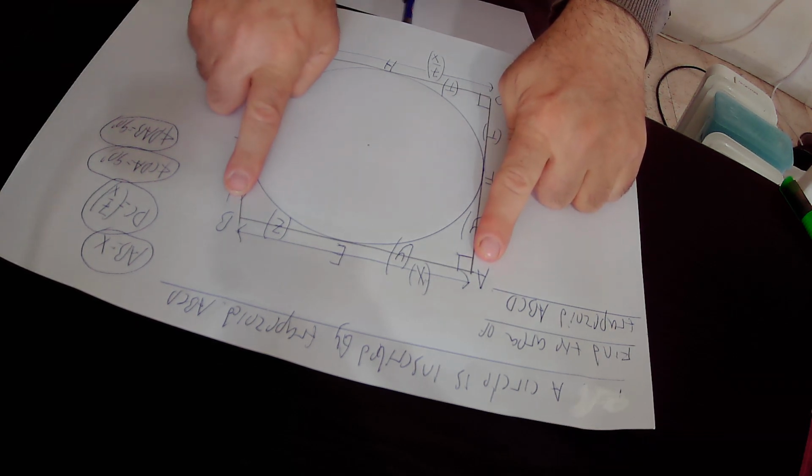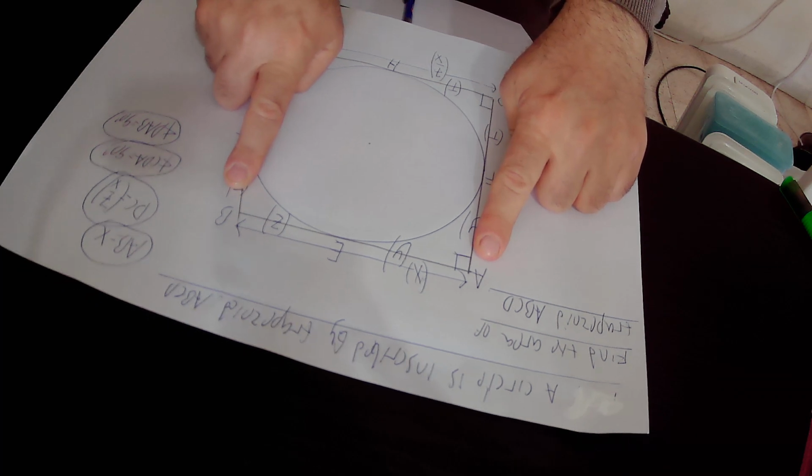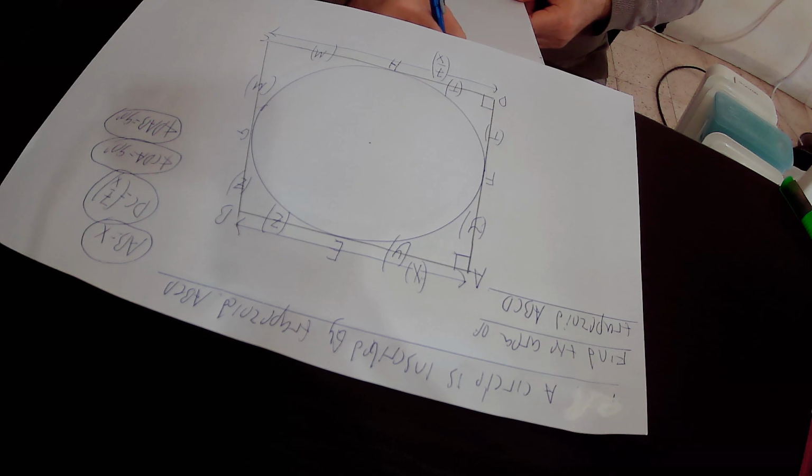According to rule 2, AB equals Y plus Z. Plus DC.